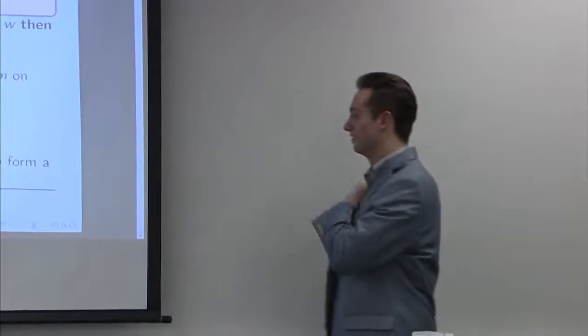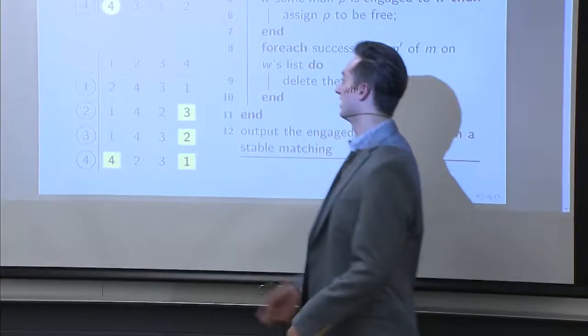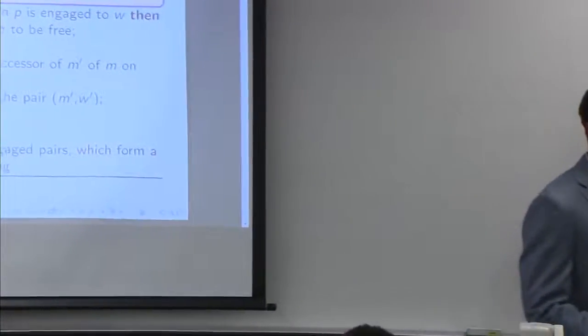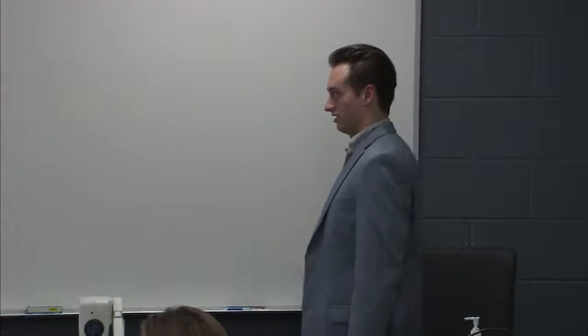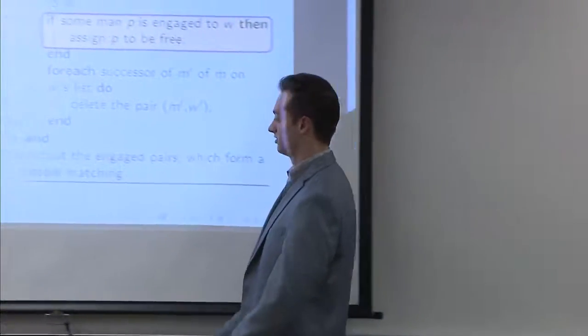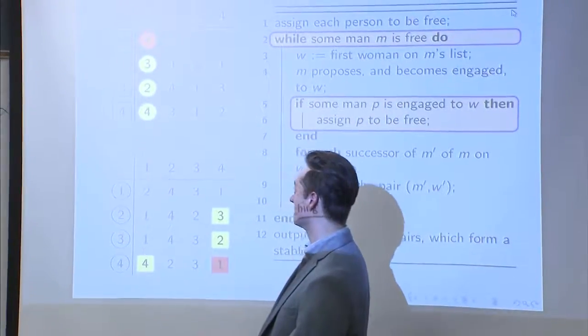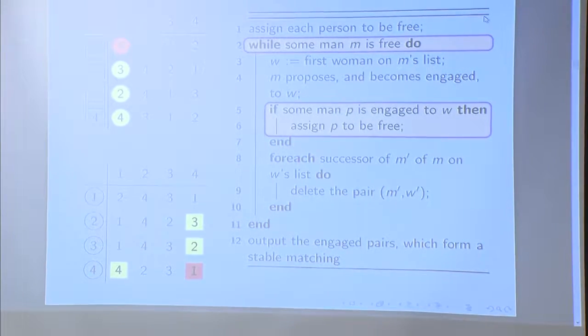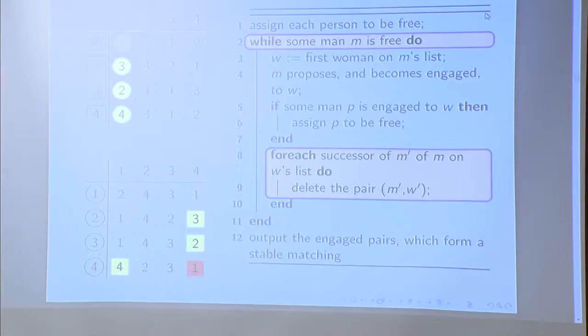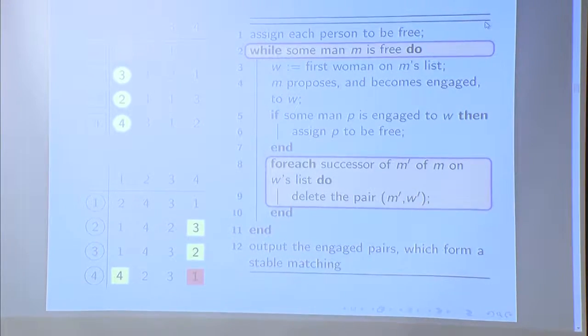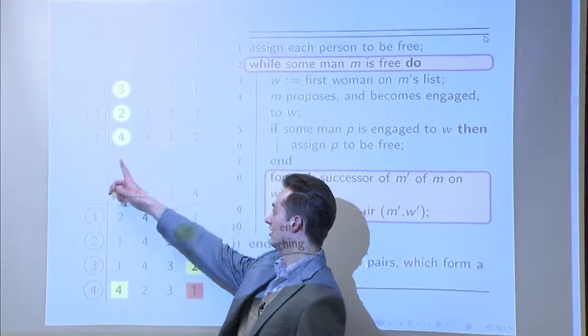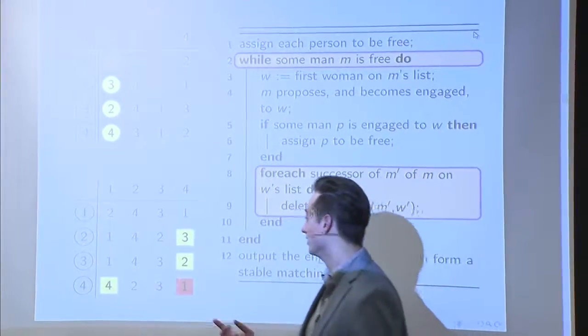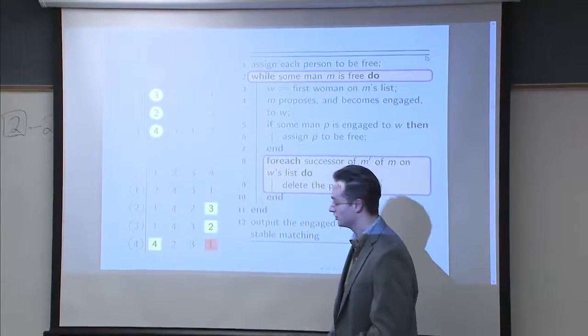Okay, so we have our issue here that a woman can only be engaged to one man. So we go into this next part of our algorithm, which essentially says that the man that she least prefers just gets rejected. And then when he gets rejected, he is now free. No temporary engagement there. So the way this whole Gale-Shapley algorithm works in total is that every man gets his best possible option, and every woman will get her worst possible option.